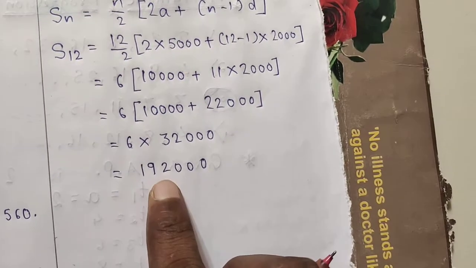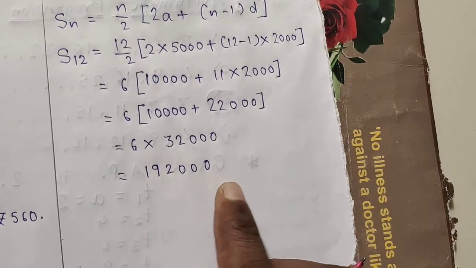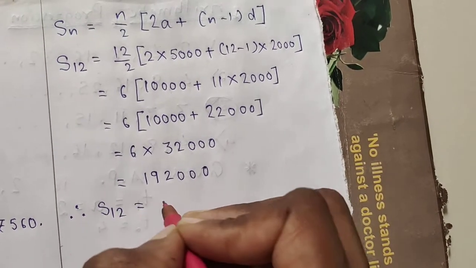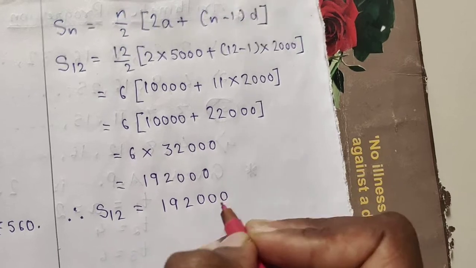So 1,92,000 is the total amount. Okay, so we got S12 as 1,92,000 rupees.